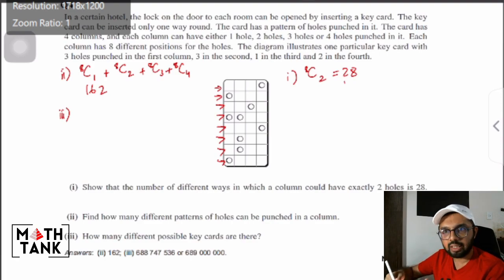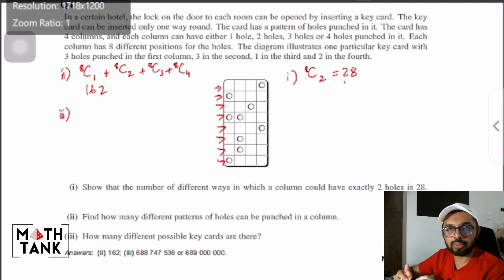So let's say this key card has 3 holes in the first, 3 in the second, 1 in the third, and 2 in the fourth. You could have 1 hole in each, for example, or 4 holes in each. I don't know how many holes there are, but I know that there are 162 different ways to punch holes into just one column.